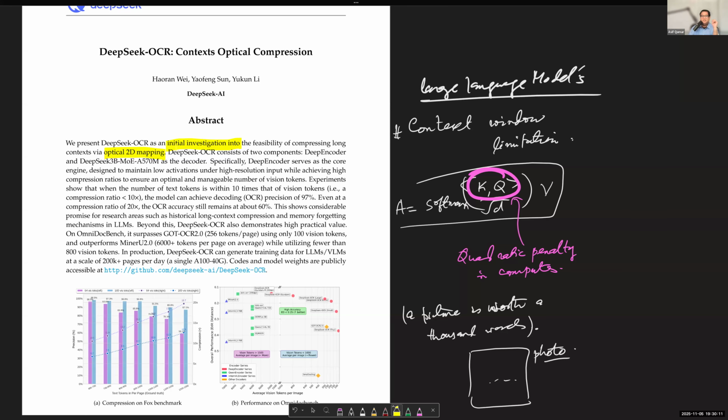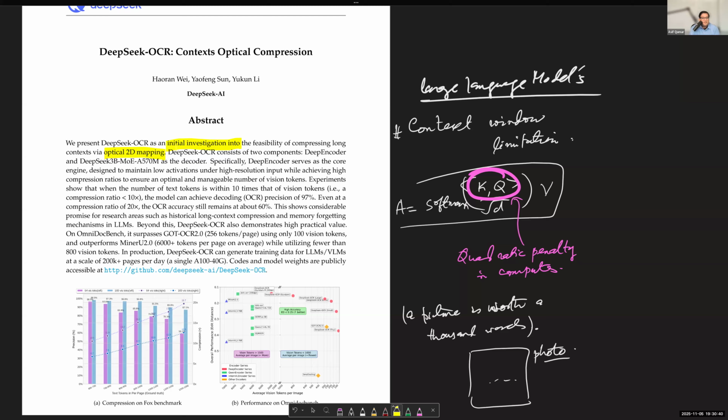So you have 20 different windows. And within a window, the quadratic cost is only 50 squared, which is a lot less. And 50 squared times 20 is still a much smaller number than 1,000 squared. So SAM actually did that as one of the innovations internally. But we will come to it. The reason I mention it is that it is important and it will come downstream.